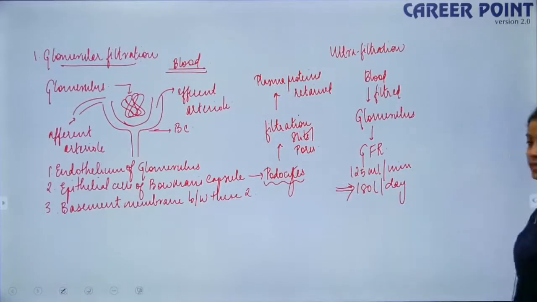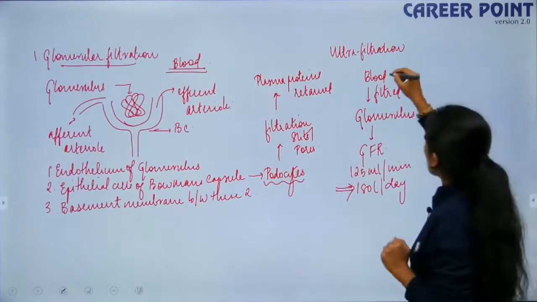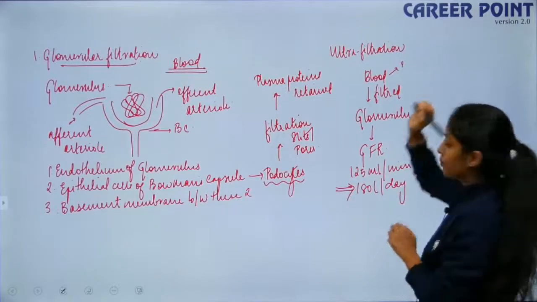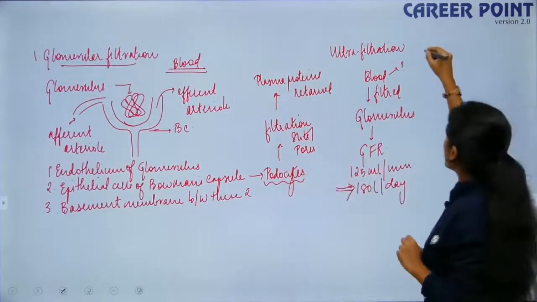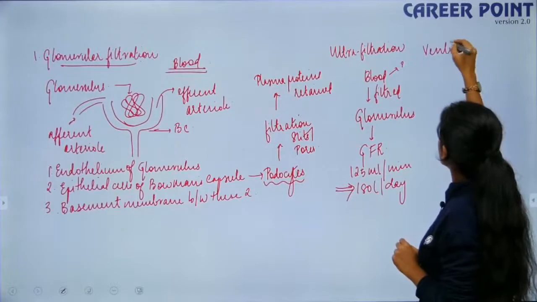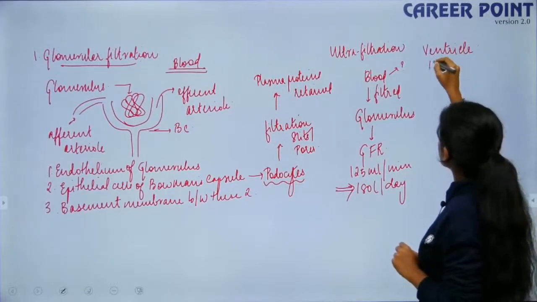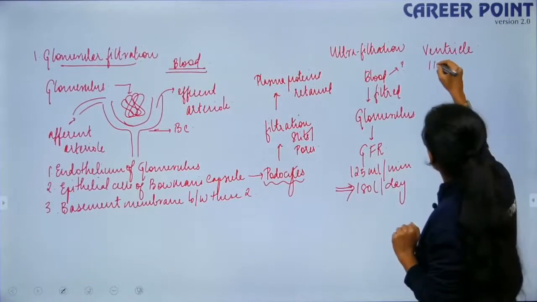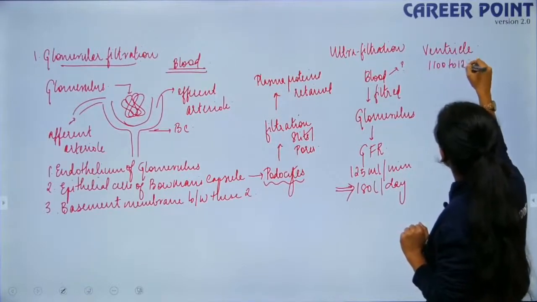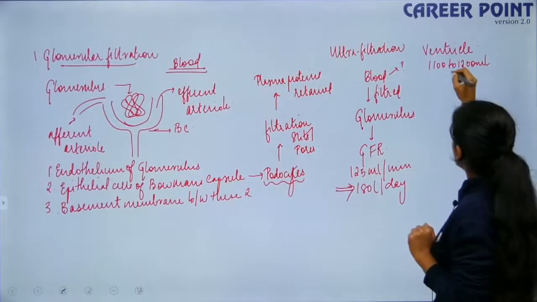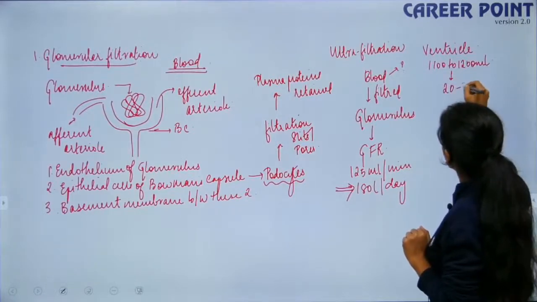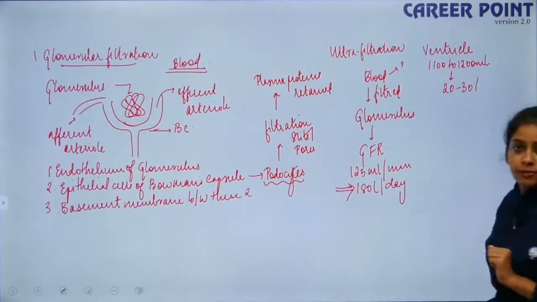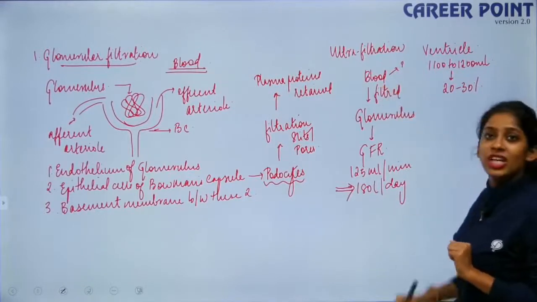Alright? Okay. So, where does this blood come from? We know that each ventricle of the heart pumps about 1100 to 1200 ml, and 20 to 30% of this blood enters your kidney.